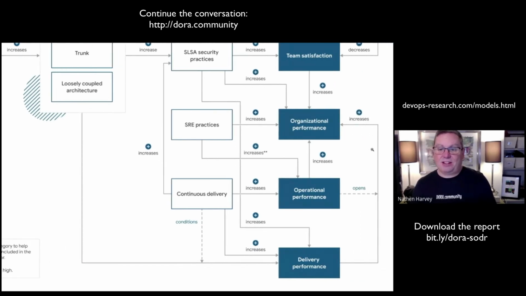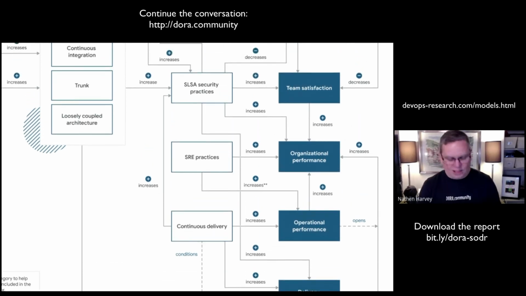And then that delivery performance, of course, is going to improve our organizational performance. But if you've read the 2022 report, you'll see that delivery performance improves organizational performance specifically when operational performance is good. So our operational performance opens up delivery performance's capability to drive organizational performance.